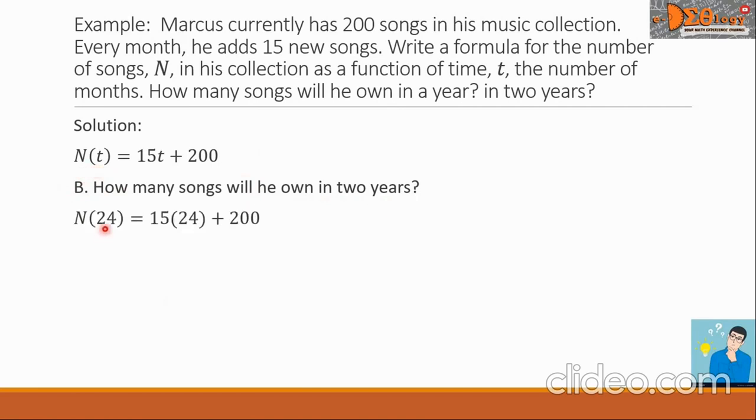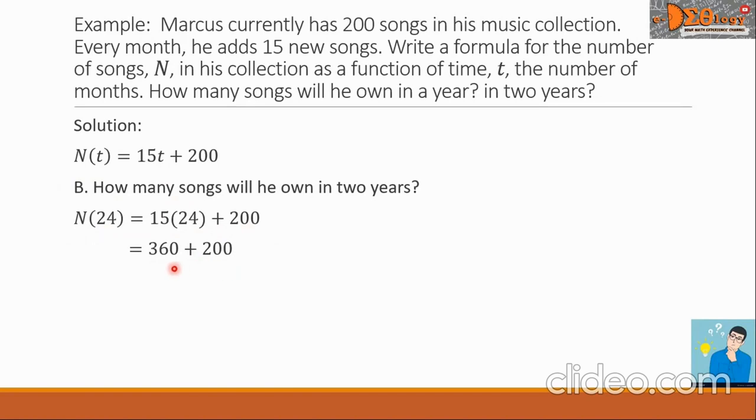Our t now becomes 24. So we have N of 24 equals 15 times t, which is now replaced by 24, plus 200. The product of 15 and 24 is 360. And then we copy the plus 200 down here.